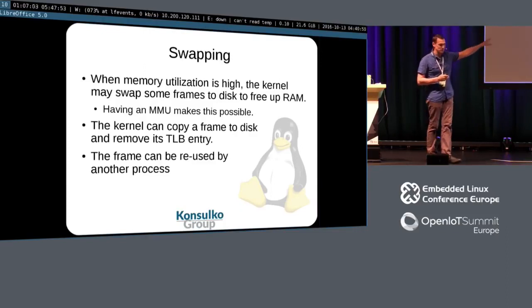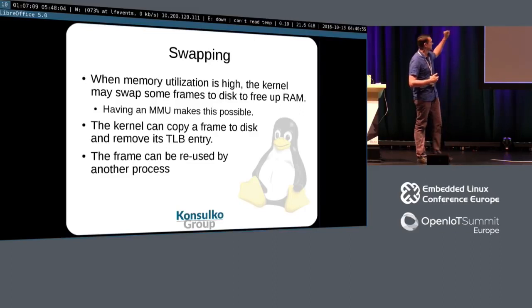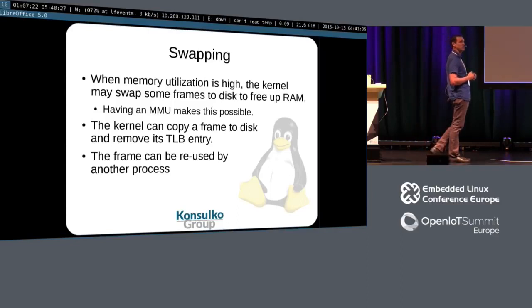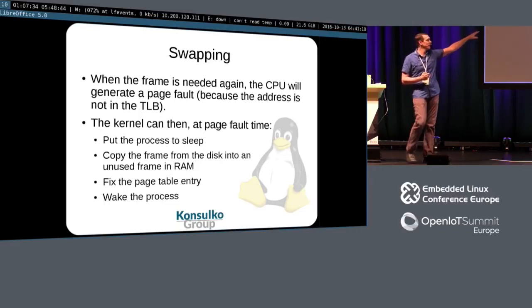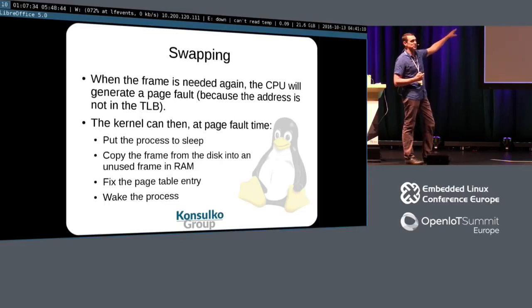So low-level details: it's going to do that on a frame-based basis. It's going to copy a frame to the disk, remove the TLB entry, and then that frame is free to be backed for another process. So when we need it again, the CPU generates a page fault. Common theme here, right?